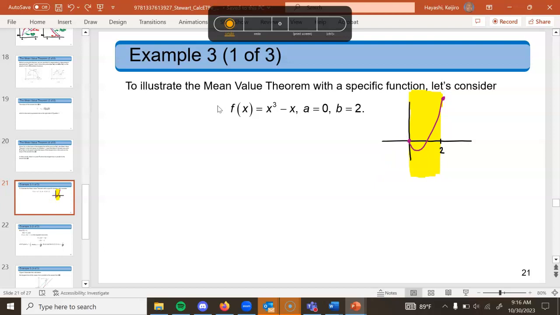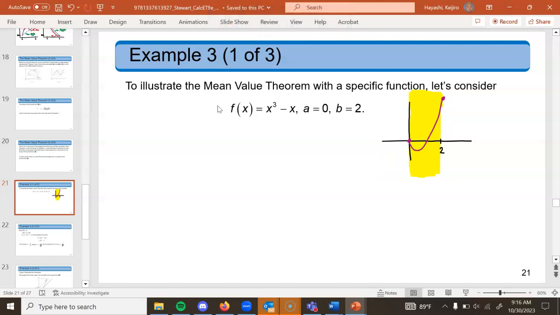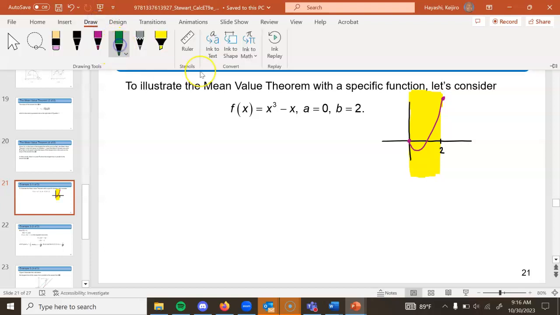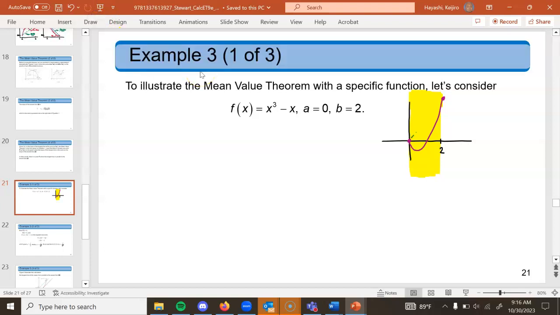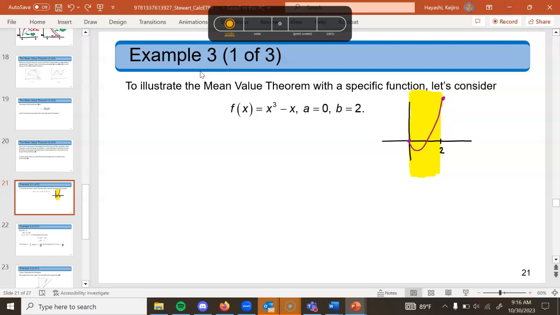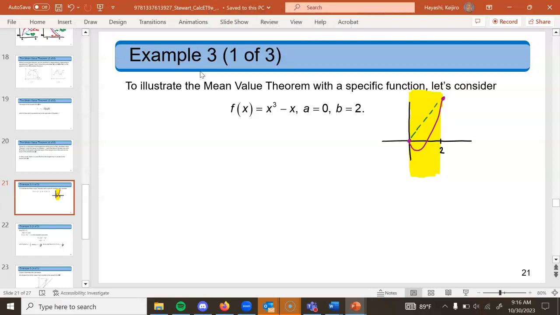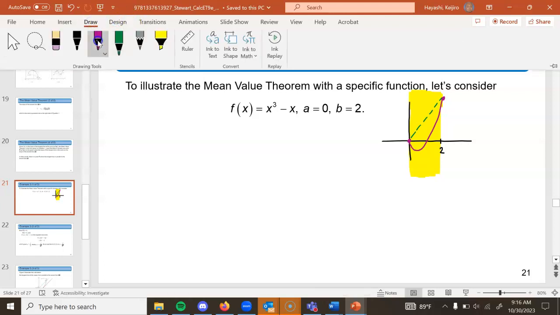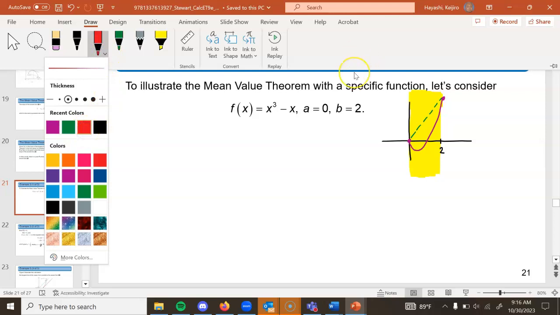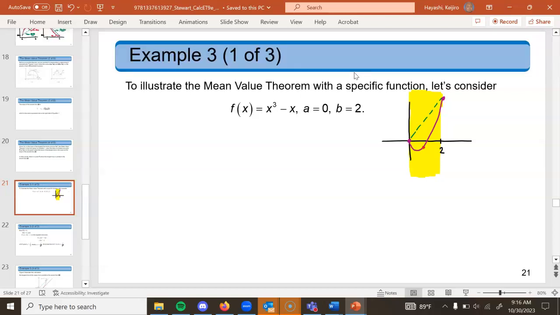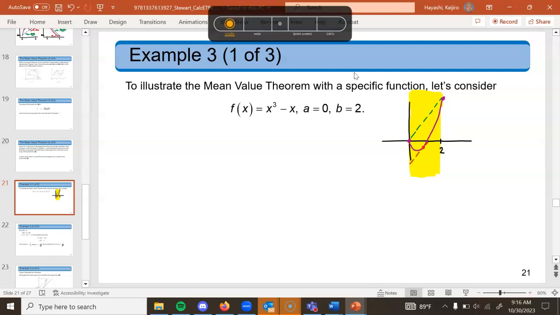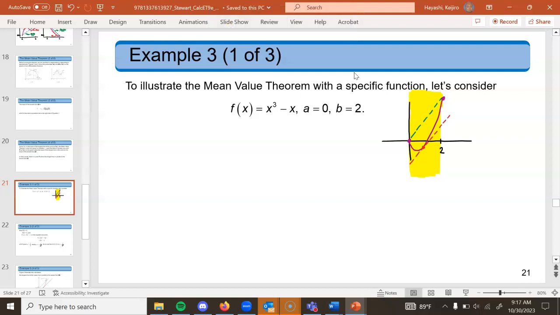But specifically, we're concerned about this. And if we connect the two endpoints of the interval with a secant line, that secant line has a slope. And because this function is continuous and differentiable over the interval at least, we're guaranteed some place in between 0 and 2 where the derivative is parallel to that secant line.